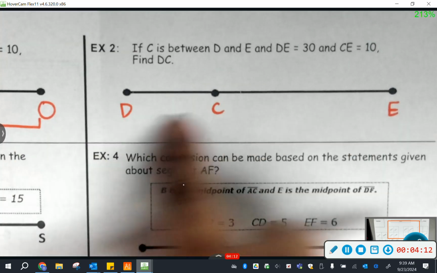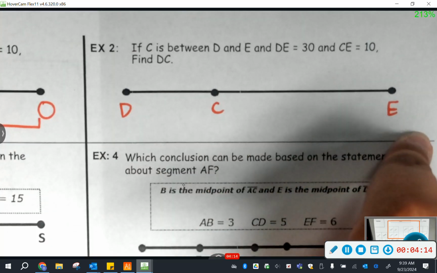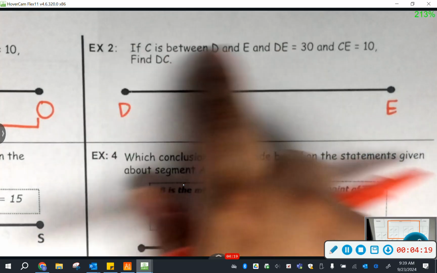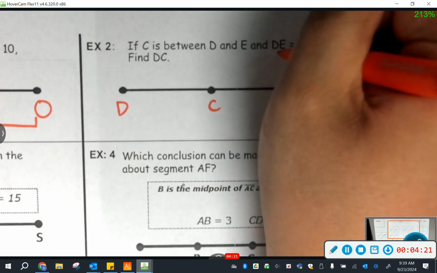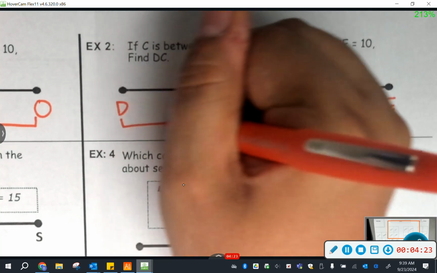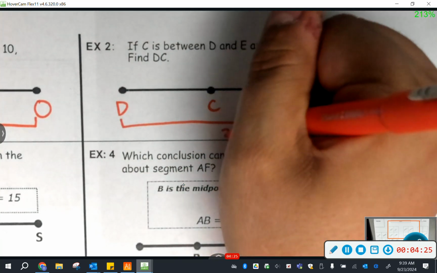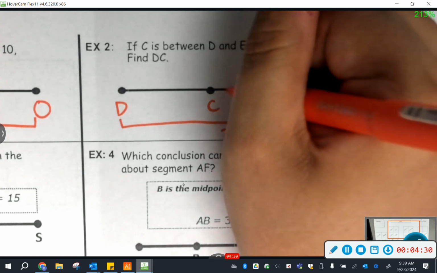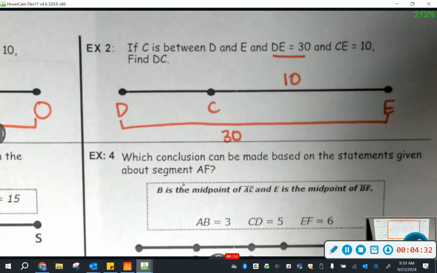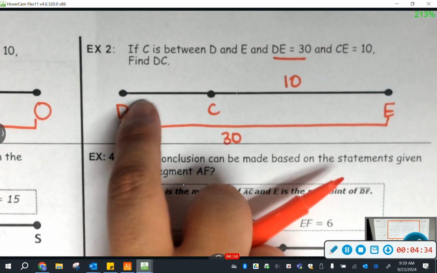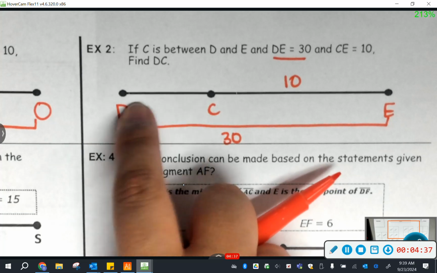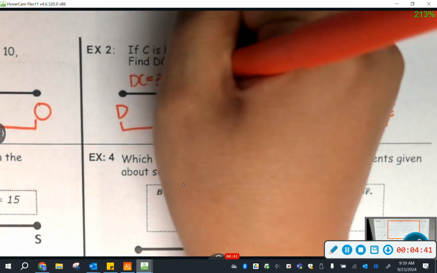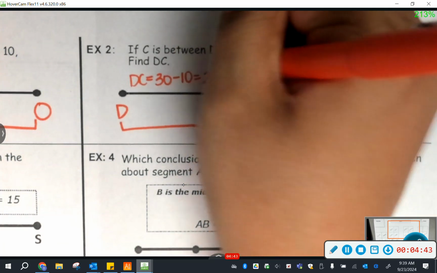Do you see how you would have put C first just because C comes before D? That's not the case. So make sure you read. DE is 30. D to E is 30. CE is 10. C to E is 10. How do I find DC? Subtract. So DC is 30 minus 10, which is 20.